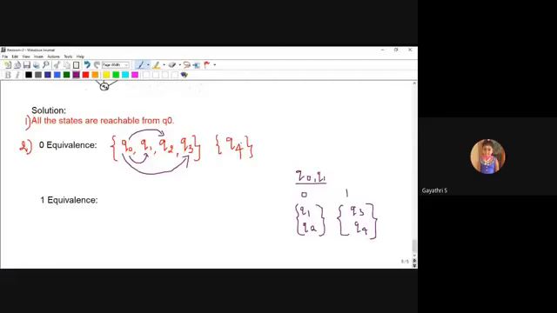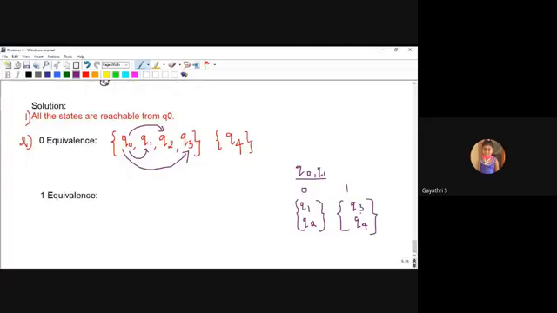So actually, this pair is separated. Q0 on 1 goes to Q3, which is in this group, but Q1 on 1 goes to Q4.